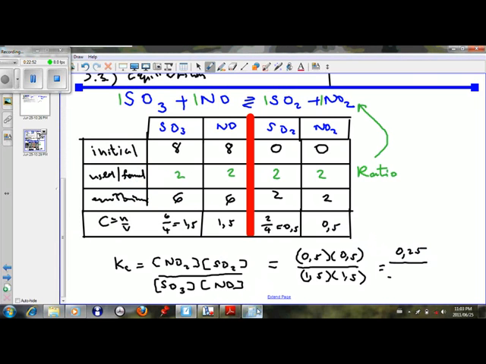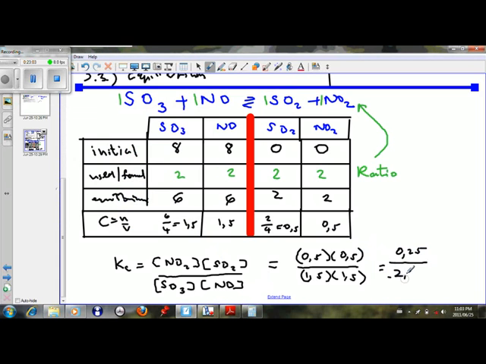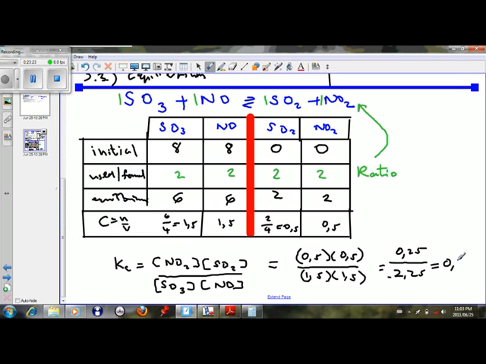And then if you work out the bottom, 1,5 multiplied by 1,5 gives you 2,25. And if you work it out, 0,25 divided by 2,25 will equal 0,11, and that is the correct answer.